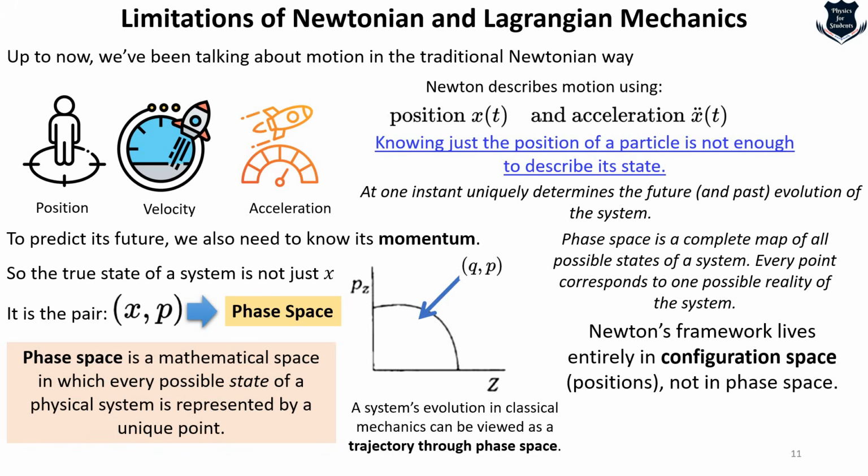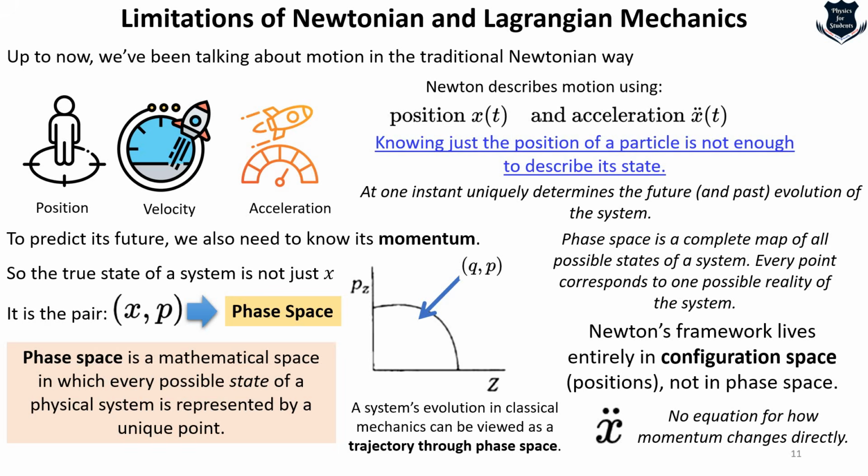Now, Newton's framework, as you have seen here, I have mentioned is entirely in configuration space. That means it is not in phase space. And x double dot actually only gives you the position. No equation for p, no equation for how momentum changes directly.